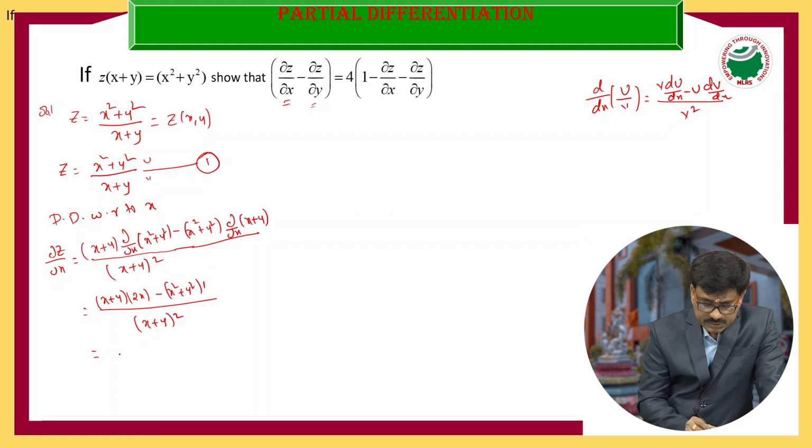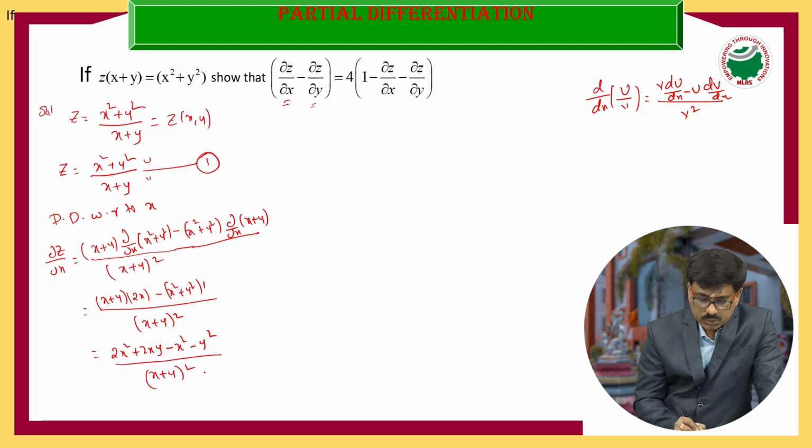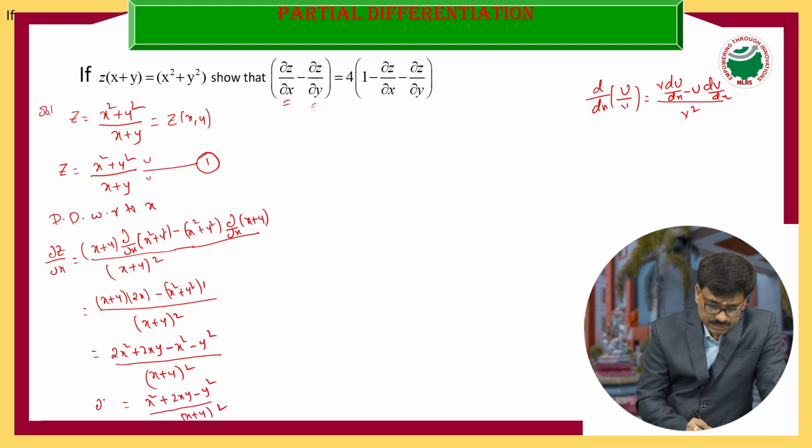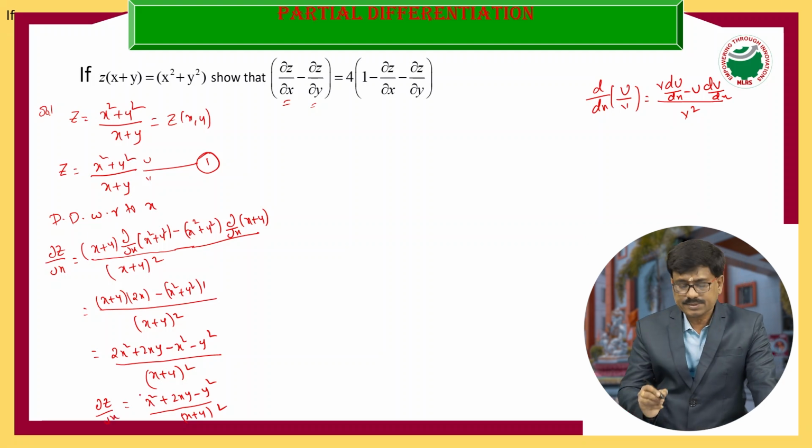If I simplify this one, 2x square plus 2xy minus x square minus y square, whole divided by (x plus y) whole square. Further simplified, this becomes (x square plus 2xy minus y square) whole divided by (x plus y) whole square, which is dou z by dou x.